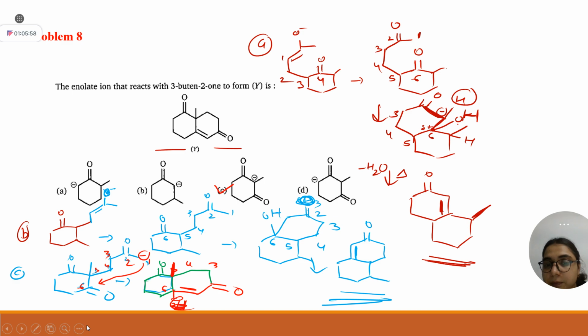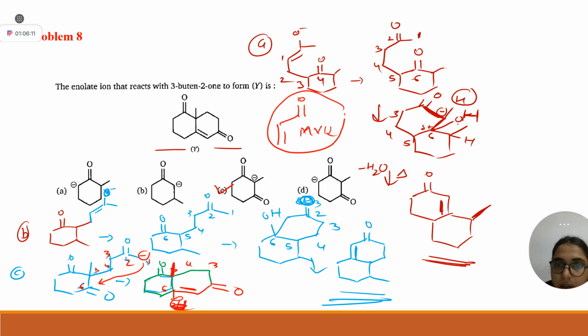Now can you form the product after enolate D attacks on methyl vinyl ketone? Can you do it or not? Yes, ma'am. You all have understood, right, how I am solving? First do the attack.